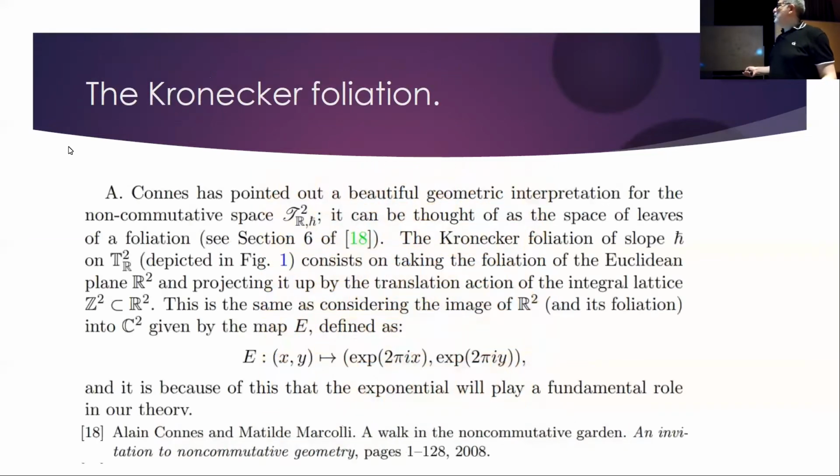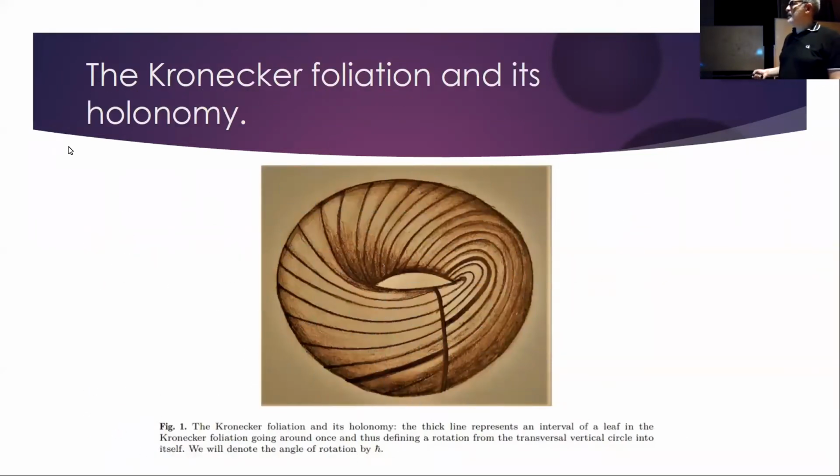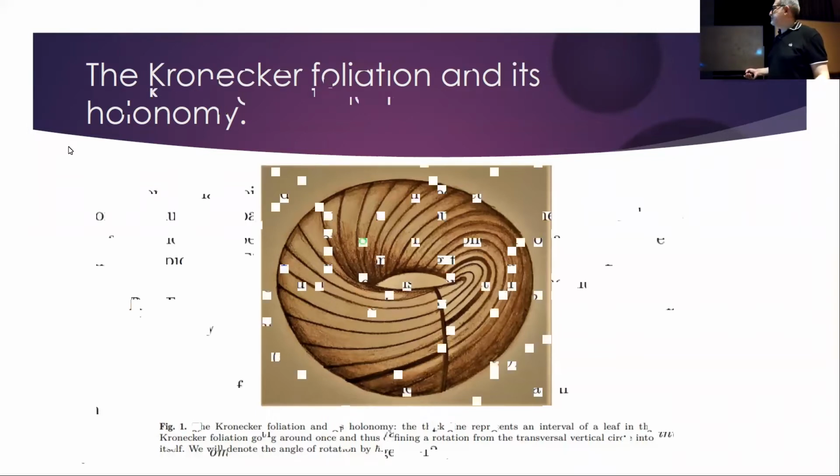And of course, now you see the same arithmetic dichotomy. If the slope of these lines is rational, then the leaves of this foliation are compact, and they are torus knots. But if the slope of the lines is irrational, then the leaves are dense everywhere, and they are copies of the real line inside the torus.